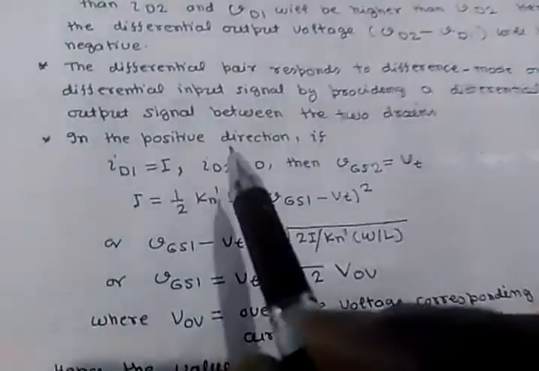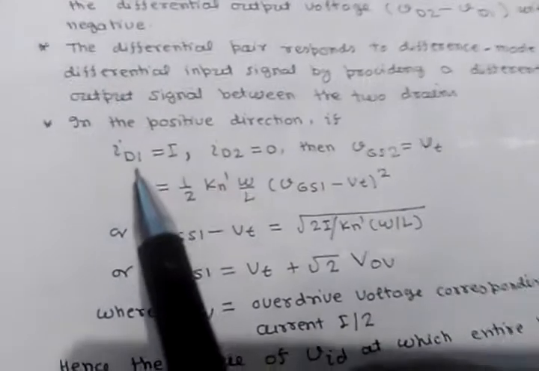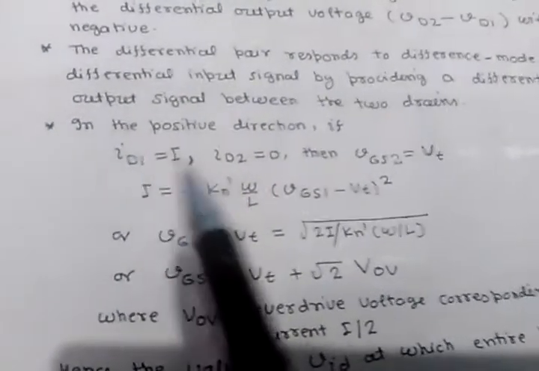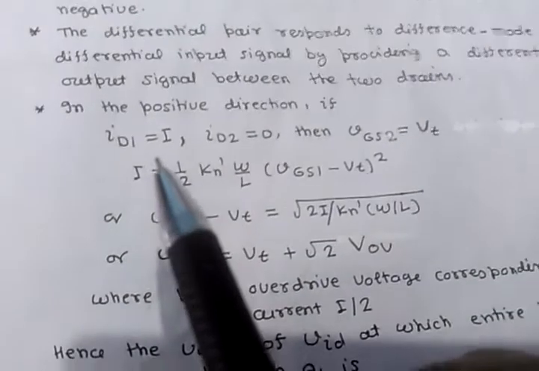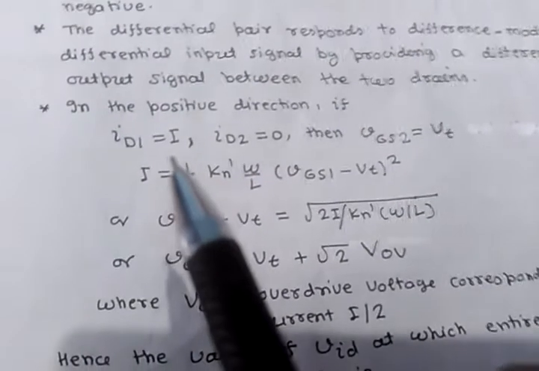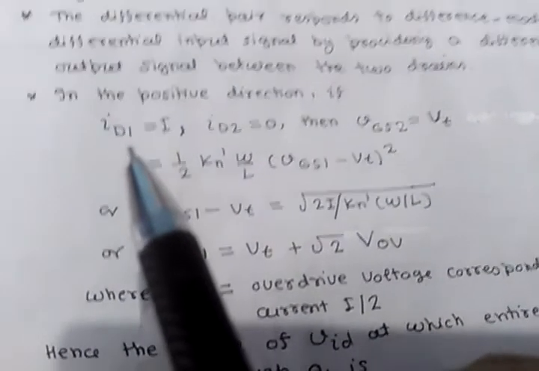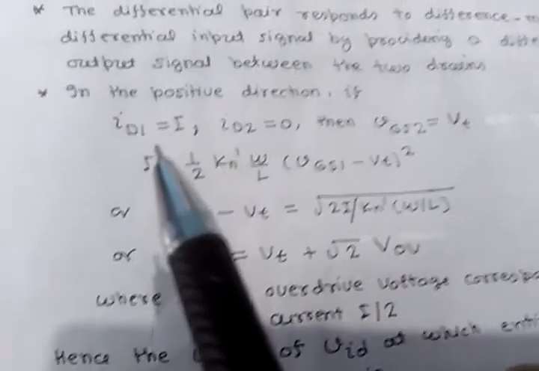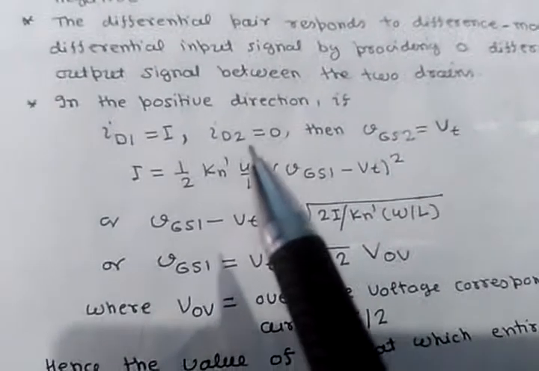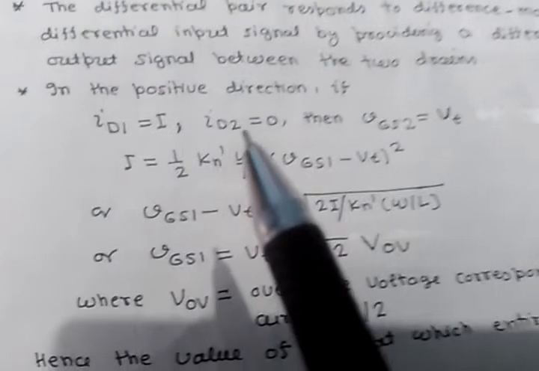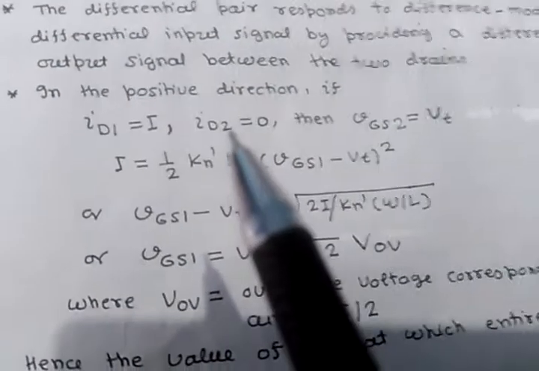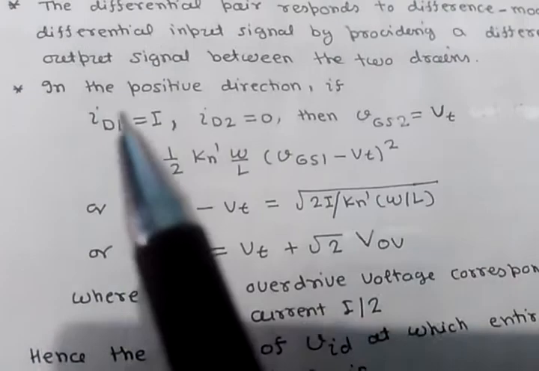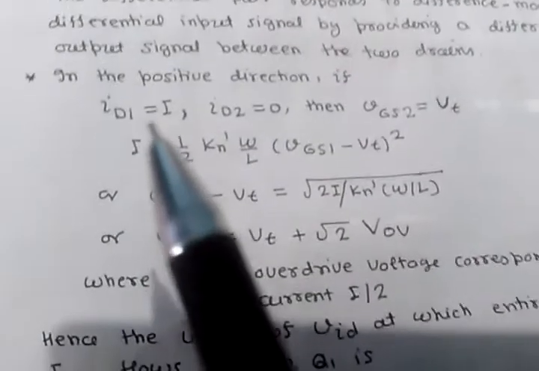In the positive direction, if ID1 equals I and ID2 equals 0, it means the entire bias current is flowing through transistor Q1 and no bias current is flowing through transistor Q2. It means Q2 is switched off and Q1 is on.